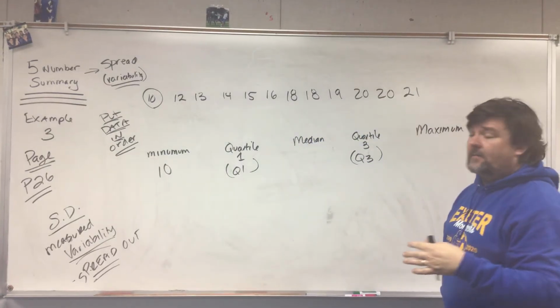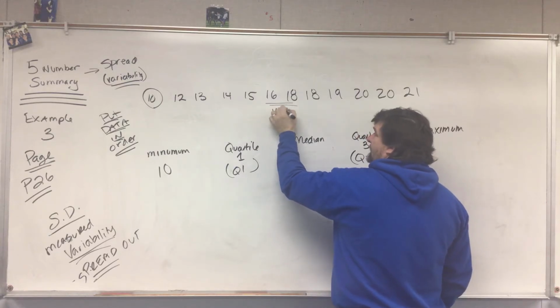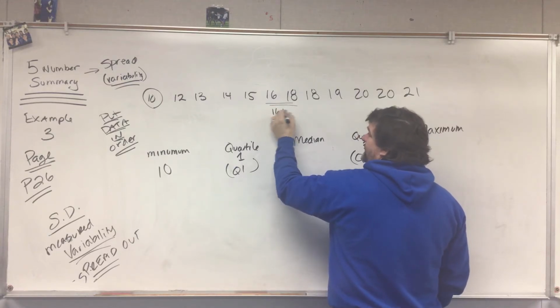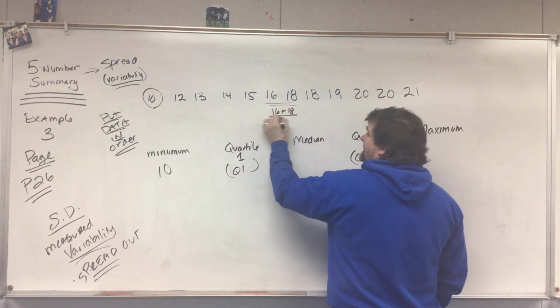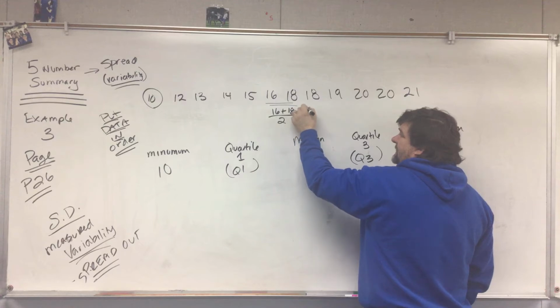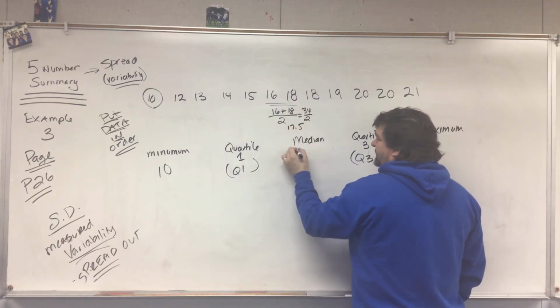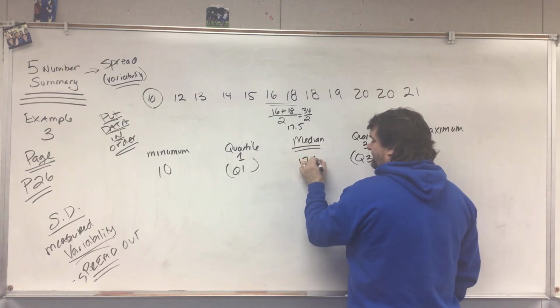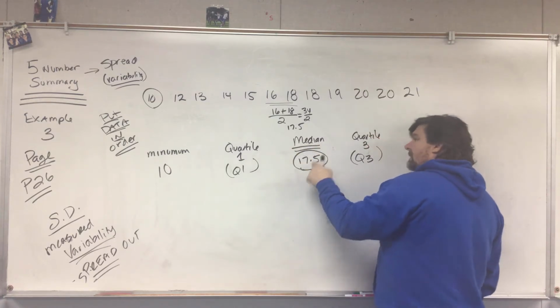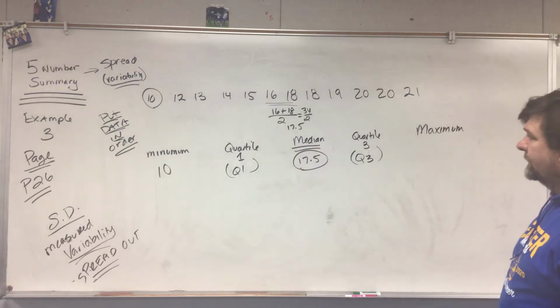Since it's an even number, I've got to take the middle 2 and add them together and divide by 2. Because I need to find the very middle number, which gives us 34 over 2, which gives us 17.5. So the median is 17.5.